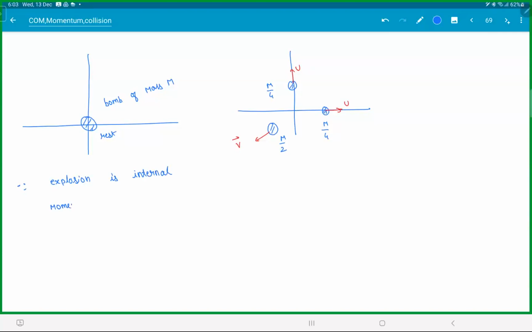Momentum is conserved. So initial momentum is equal to final momentum. Initial momentum is 0. Final momentum will be m/4 u i cap, m/4 u j cap, m/2 v bar. So v bar will be minus u/2 (i cap plus j cap).